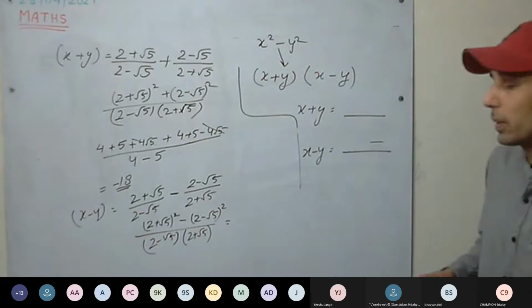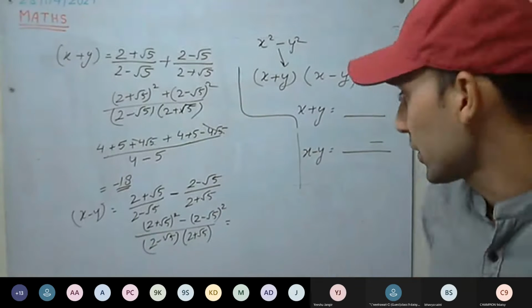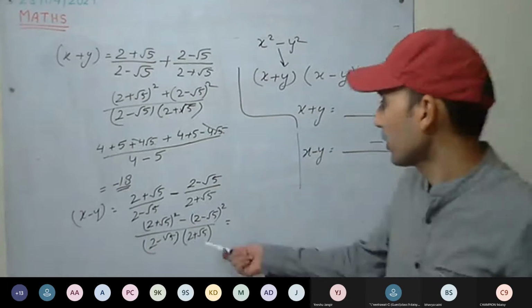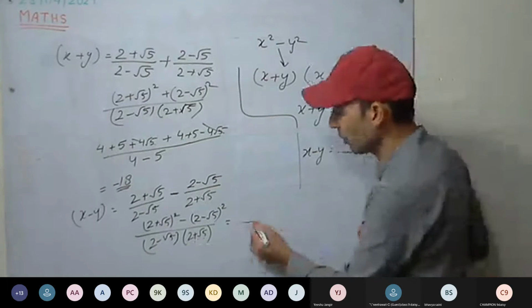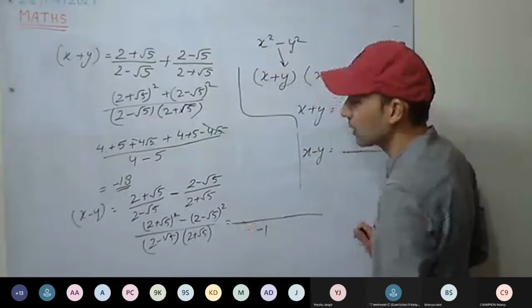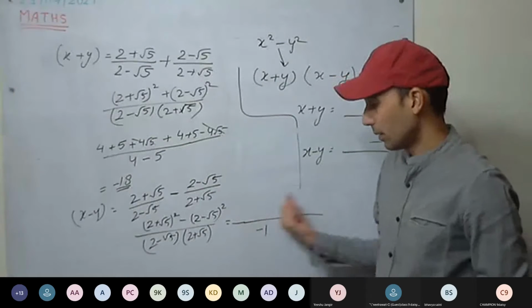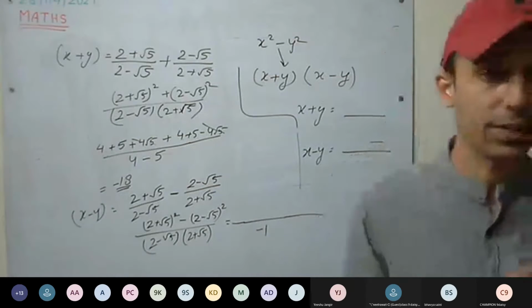What will you get? The denominator is the same, 4 minus 5, that is minus 1, but the numerator will be different. Calculate it.